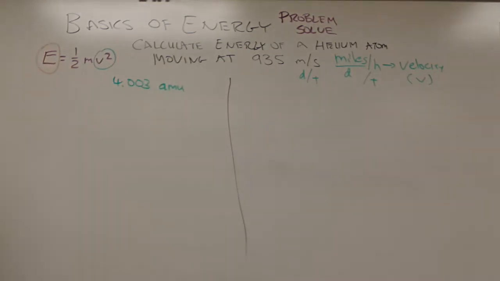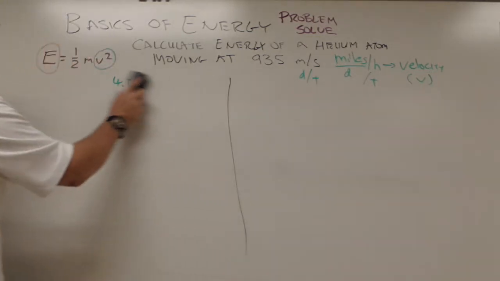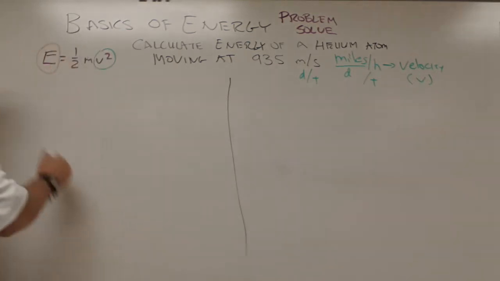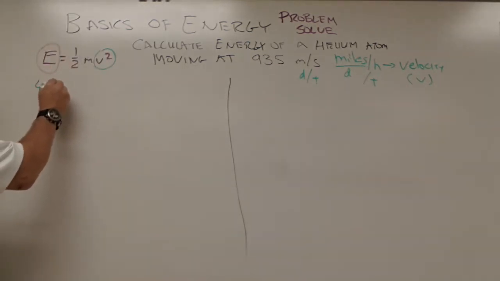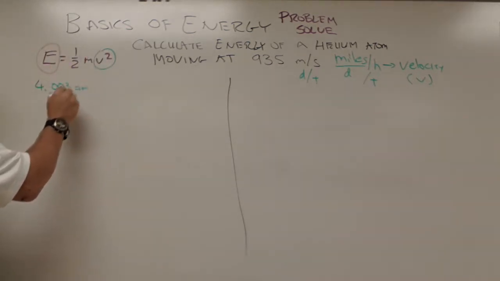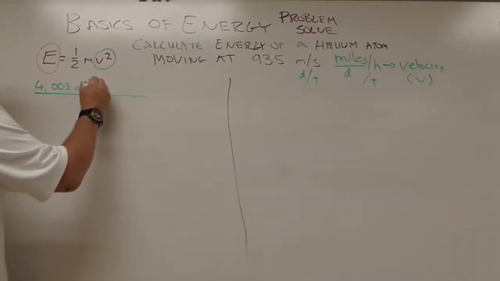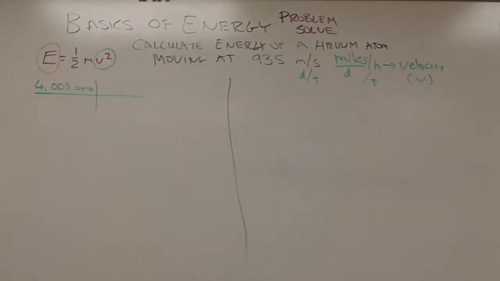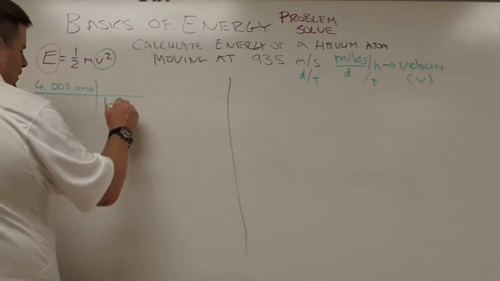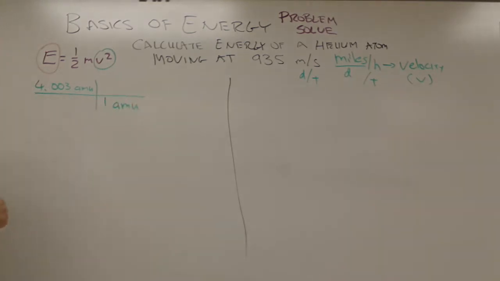If I want to convert that into grams, what I'm going to do is then divide this. For 1 AMU, this is the conversion: 1 AMU is equal to 1.661 times 10 to the minus 24 grams.